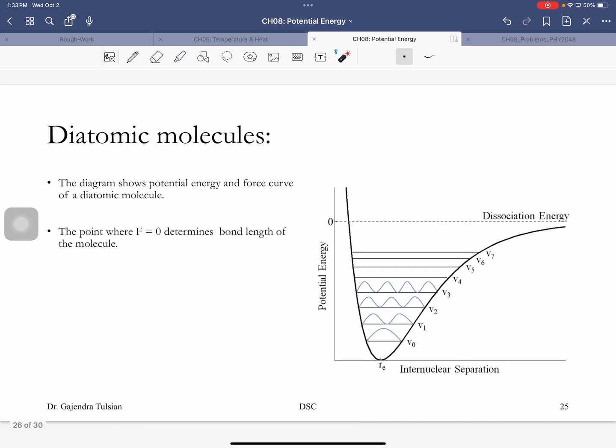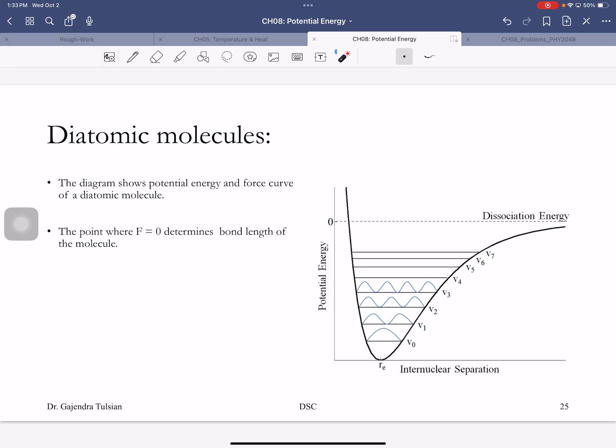Okay, why do we talk about this kind of stuff? So here's a potential energy function for a diatomic molecule. Do you guys know of any diatomic molecules? Water is a triatomic molecule. This room is full of diatomic molecules, nitrogen and oxygen.